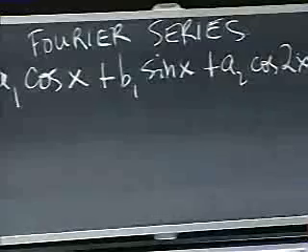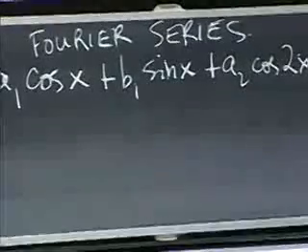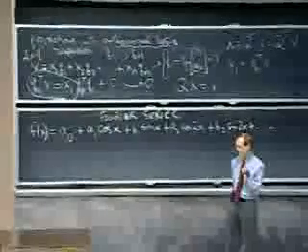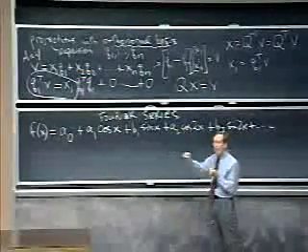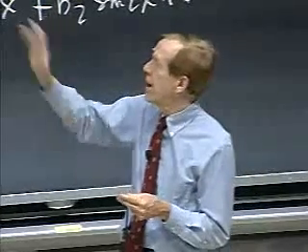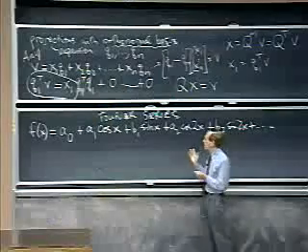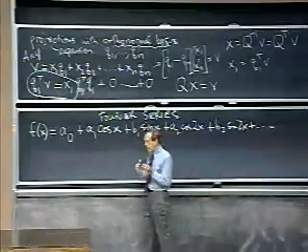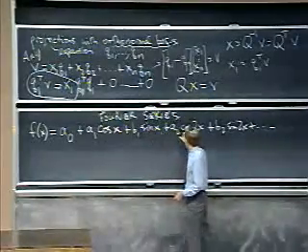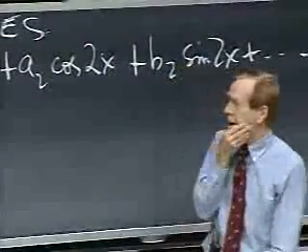So it was Joseph Fourier who realized that, hey, I could work in function space. Instead of a vector v, I could have a function f of x. Instead of orthogonal vectors, q1, q2, q3, I could have orthogonal functions, the constant, the cosine x, the sine x, the cos 2x, but infinitely many of them.